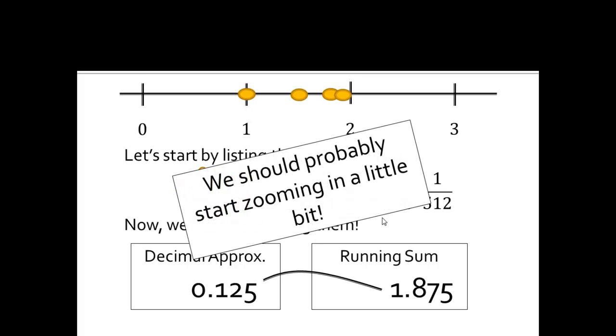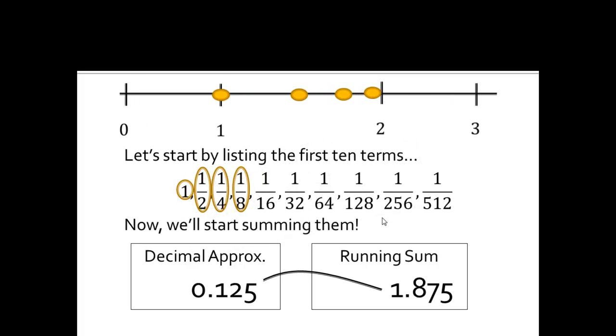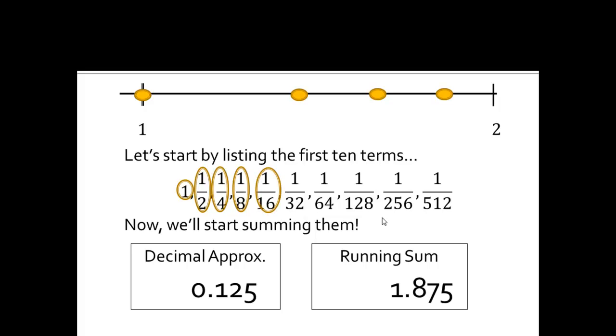We should probably zoom in a little bit, because we're going to be looking at smaller and smaller decimals. So let's really hone in between 1 and 2. These are still the first 4 terms summed together. Now we're going to do 1/16, which is 0.0625.